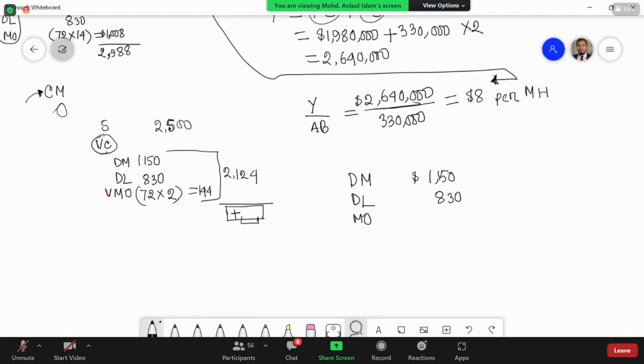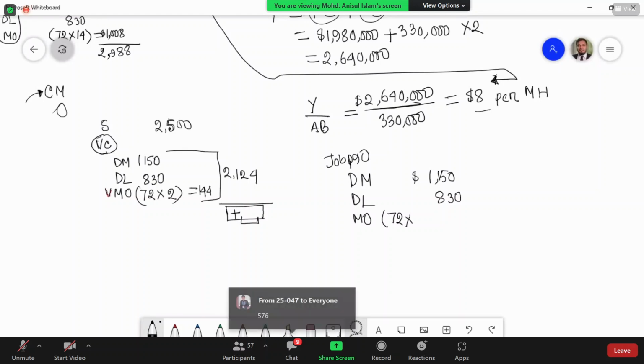Okay, so here the manufacturing overhead. What is the manufacturing overhead per machine hour? $8. For this activity, remember, it is job P90. The manufacturing overhead is based on the machine hours. For this job, 72 machine hours have been used. So for 72 machine hours, we have $8 overhead cost per machine hour.